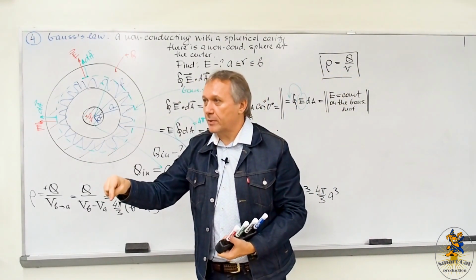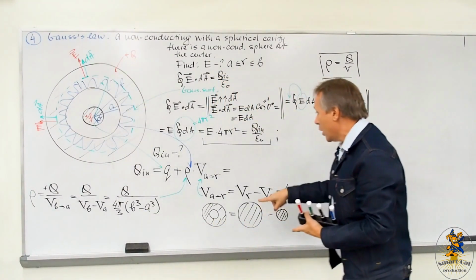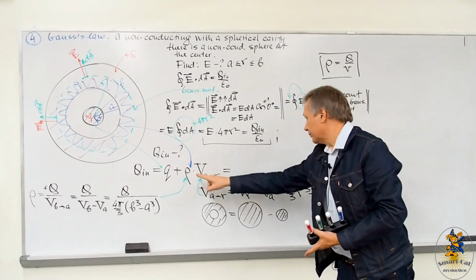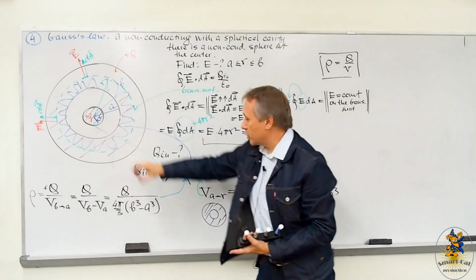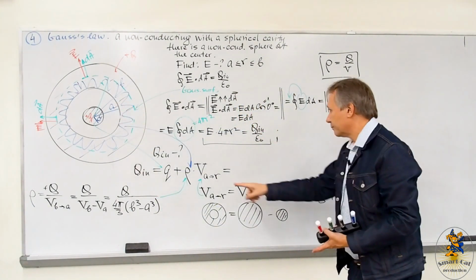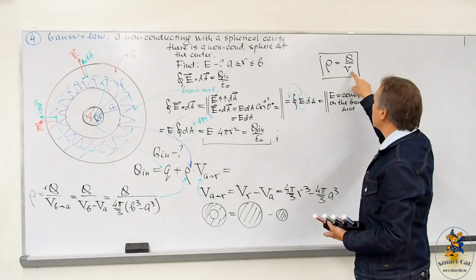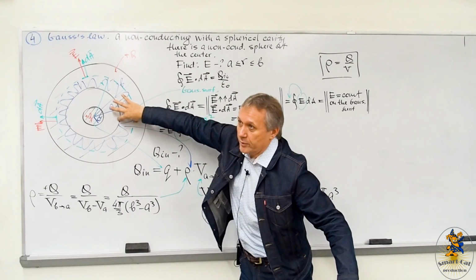You need to remember these magic words: charge divided by the volume over which that charge is distributed. Over here we use what? Q, this charge. So we took volume charge density out of this formula. So volume charge density multiplied by the volume over which this charge is distributed.